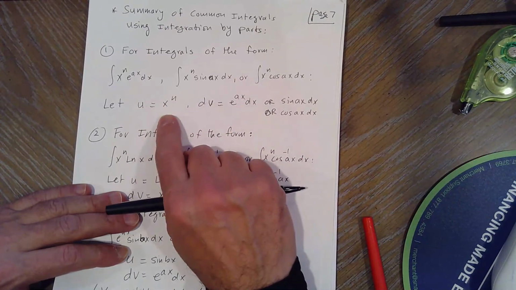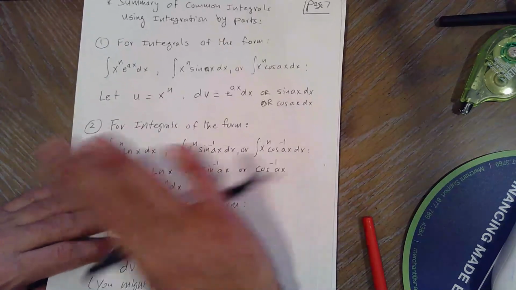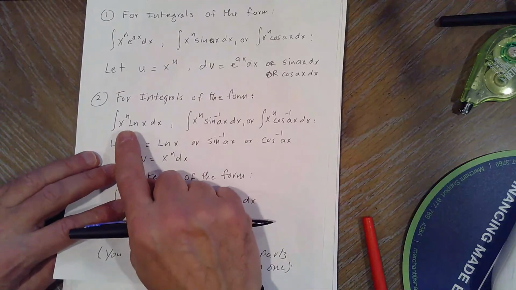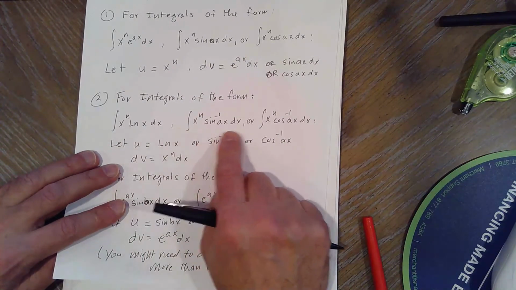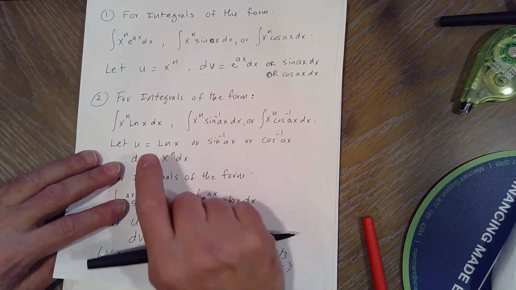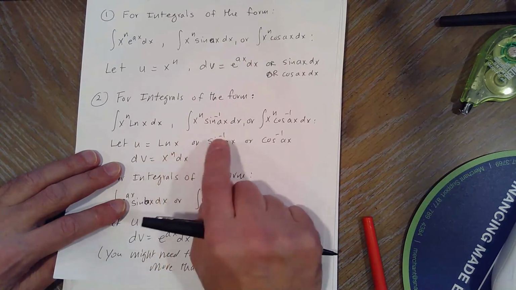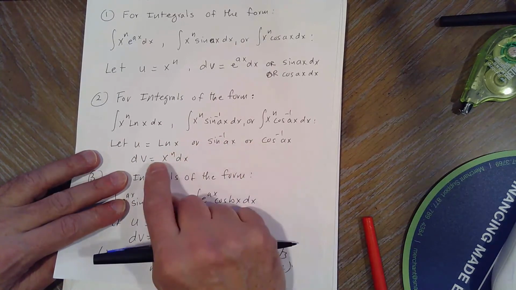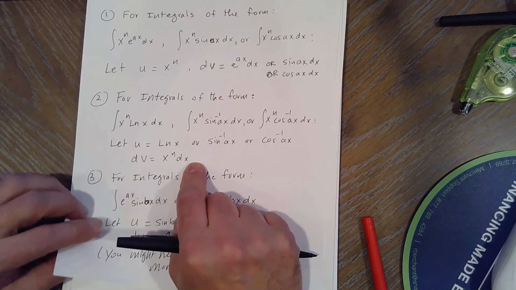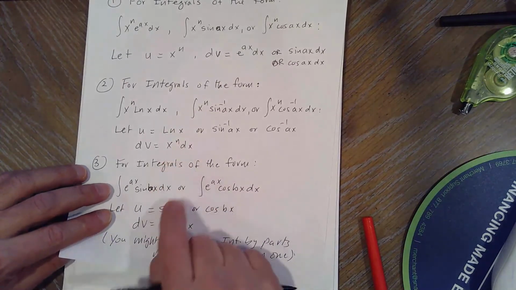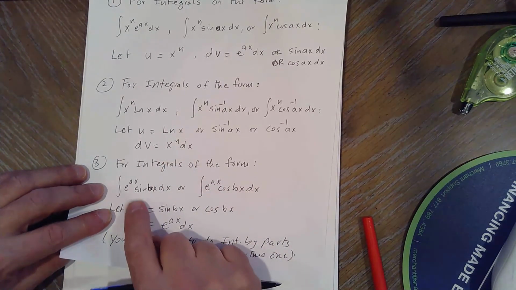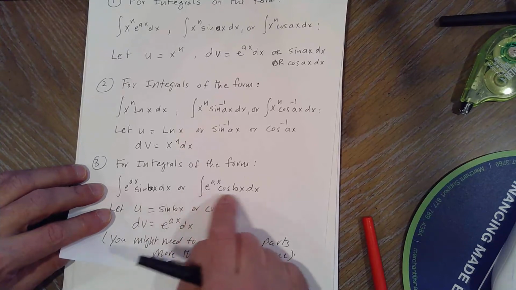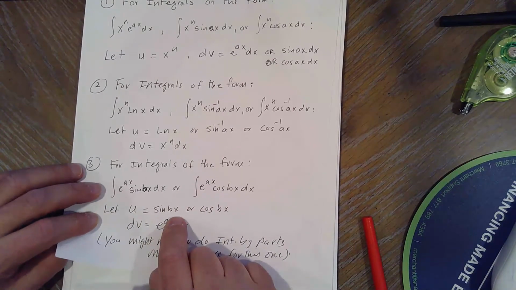So let u be the power of x and everything else is dv. For integrals of the form x to the n ln x, or x to the n sine inverse, or x to the n cosine inverse, use u equals ln, or sine inverse, or cosine inverse, and dv would be x to the n dx. So it's different here. For integrals of the form e times sine or e times cosine, use u equals sine.